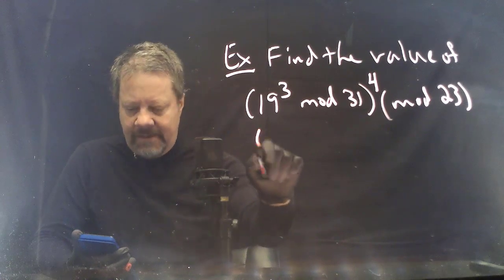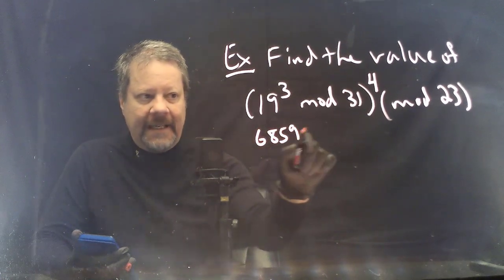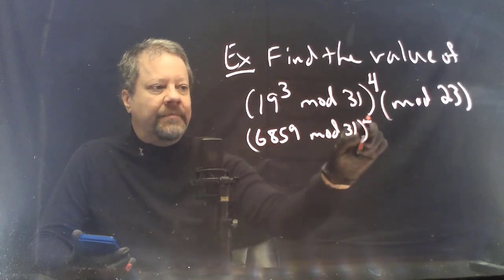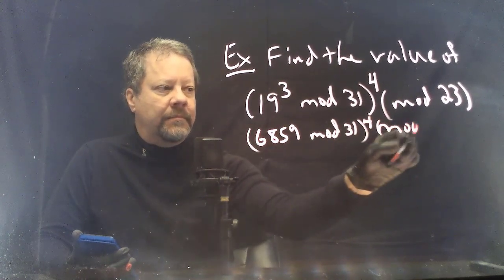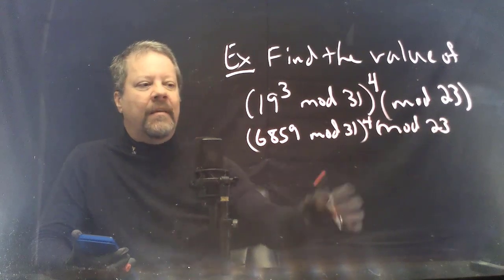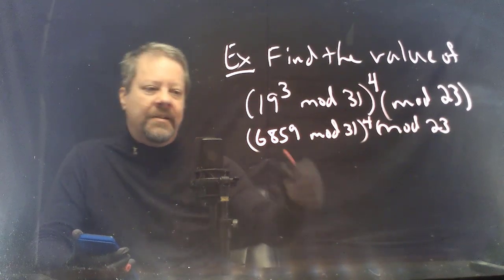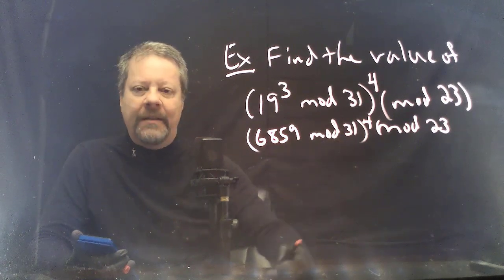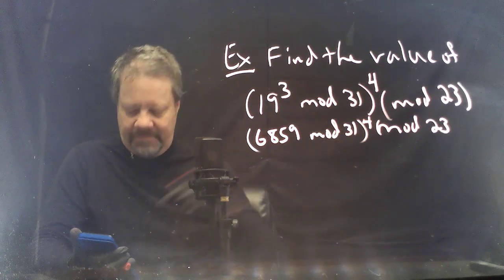And so I'll get 6859 mod 31. So how do I take 6859 mod 31? Well, I divide by 31 and see what the remainder is.